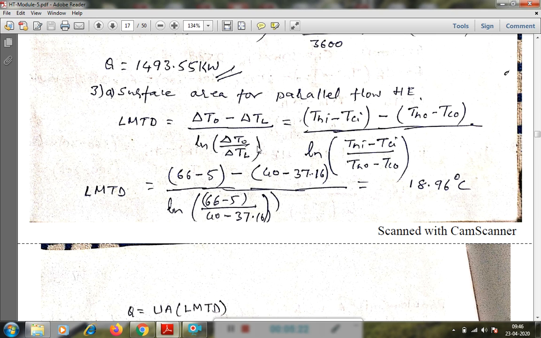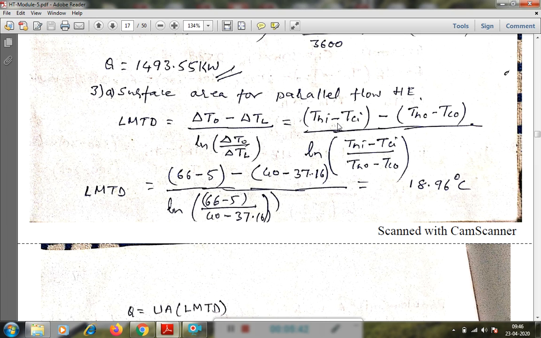Already we know the LMTD equation: LMTD is equal to (delta T0 minus delta TL) by ln of (delta T0 by delta TL). This notation, delta Ti minus delta T0 by ln of delta Ti by delta T0, we can also take, but here the similar notation is taken.